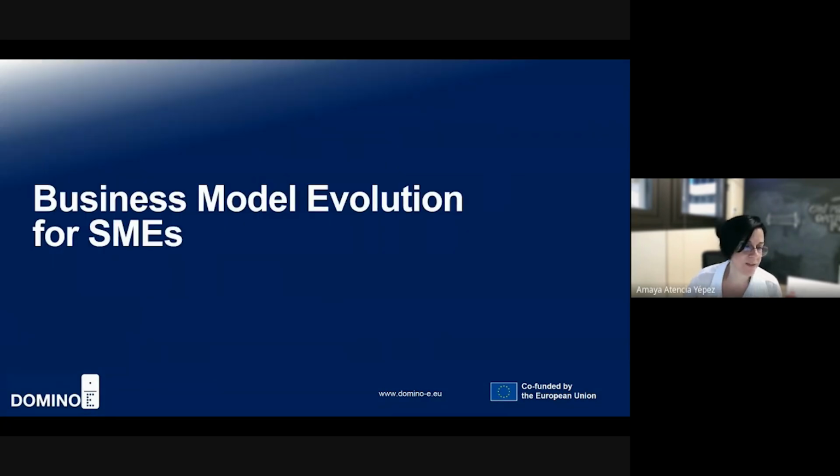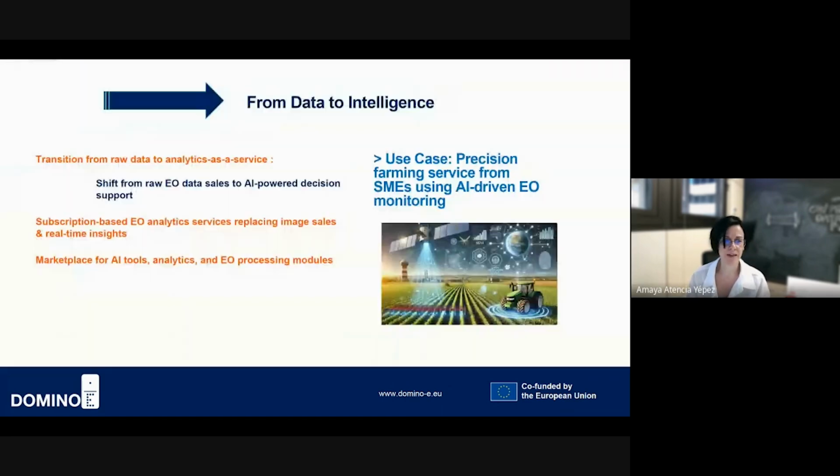Next one, please. But with this new concept of Domino, the business model is also evolving for the SMEs. I mentioned before that the business model in general is moving from the traditional approach of selling data to the provision of geointelligence services.